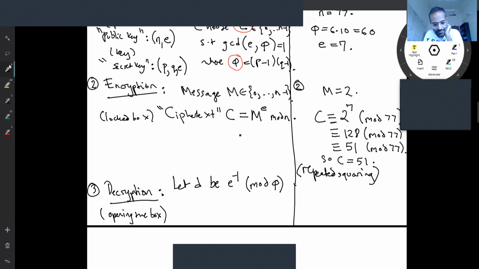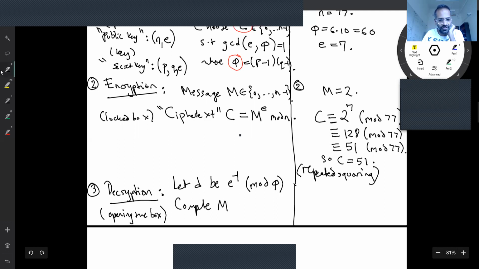And to decrypt, compute the decrypted message, M prime, or maybe that looks like a 1, so let me use a different letter.